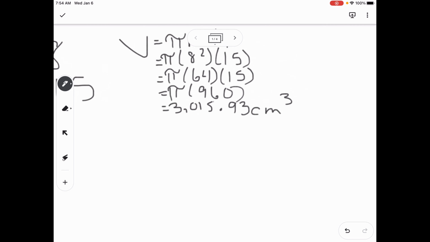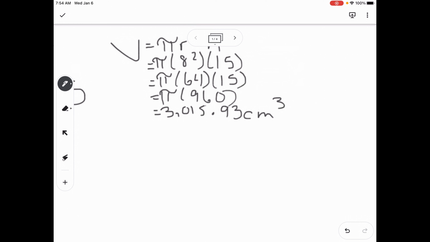So when we write the equation for surface area, we need to find the area of the 2 circles.